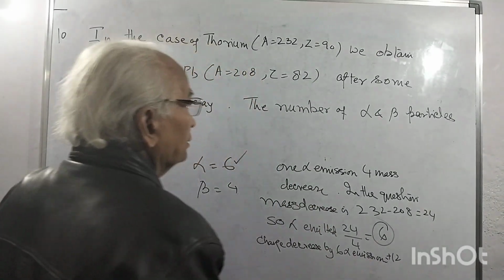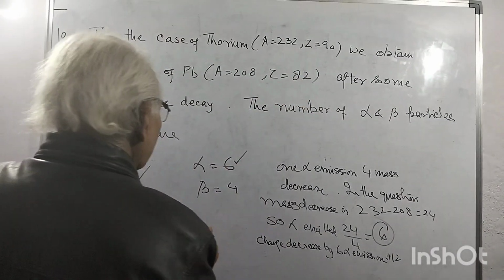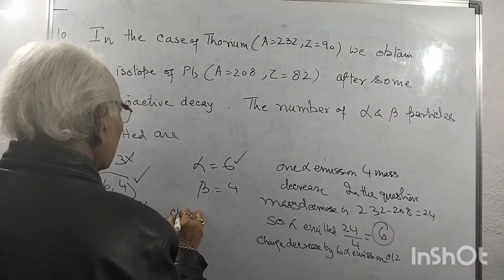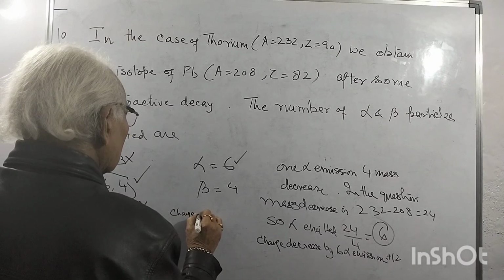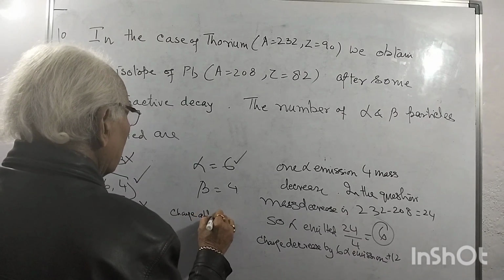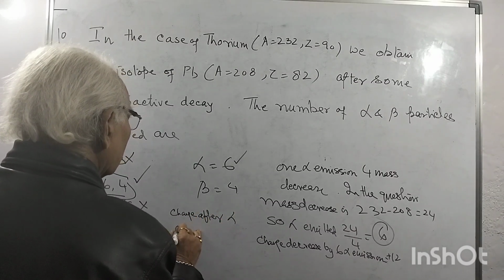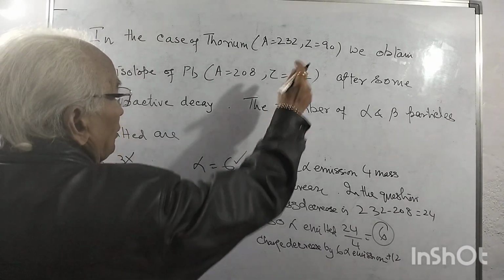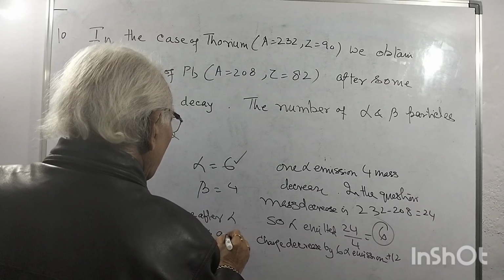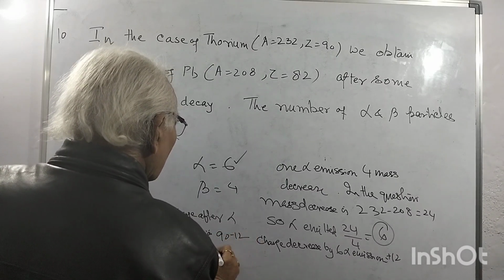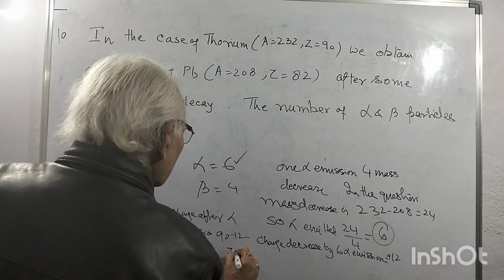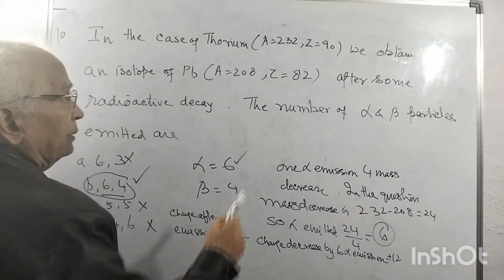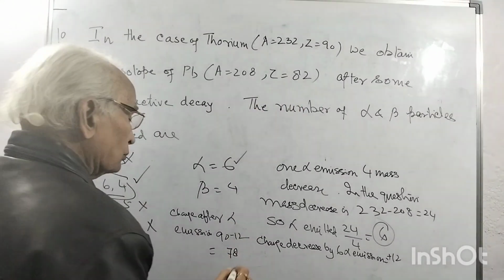So 12 charge decreases. Charge after alpha emission is 90 minus 12, which is 78. But the final charge is 82.